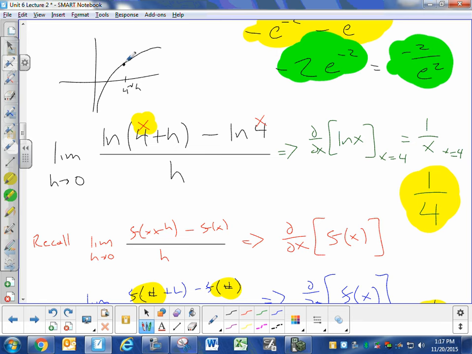Well, as h is approaching 0, we have that tangent line. We are trying to find the slope of this tangent line. It's not just the log of 4, it is the slope of this tangent. It is the slope of log x when x is 4. All right, f of b minus f of a over b minus a. This is 4 plus h minus 4, which is h.